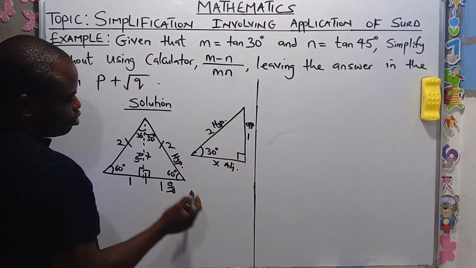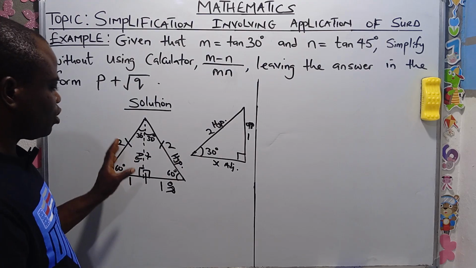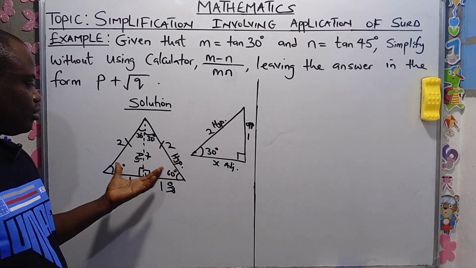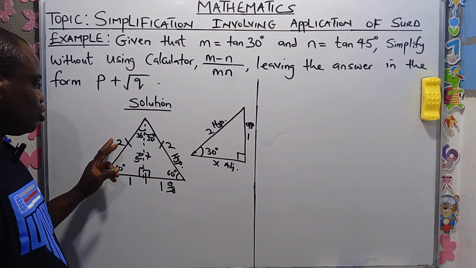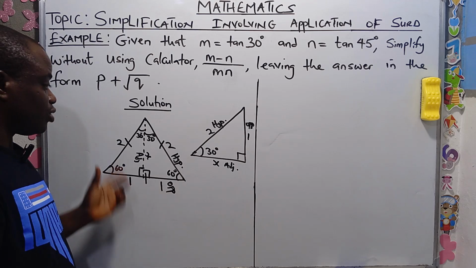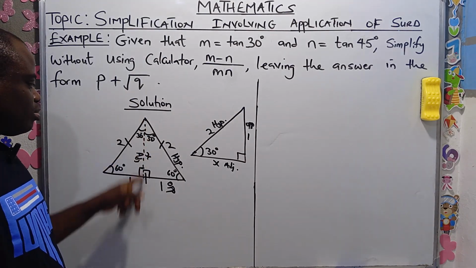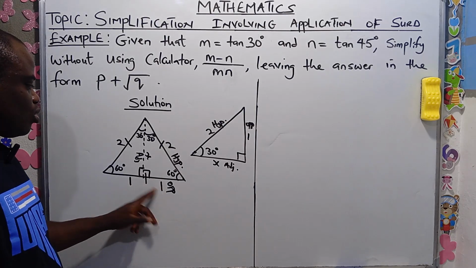Want to know what x is all about? This is very easy to know. You draw an equilateral triangle in which the three sides are equal, and you put 2 on each side. But since I'm dividing the angle at the top equally, I divide the 2 into 1, 1.